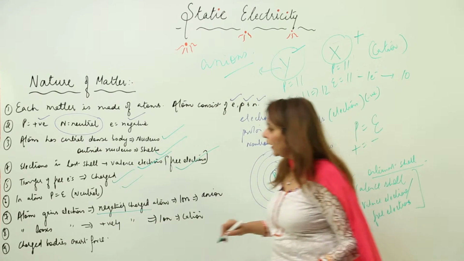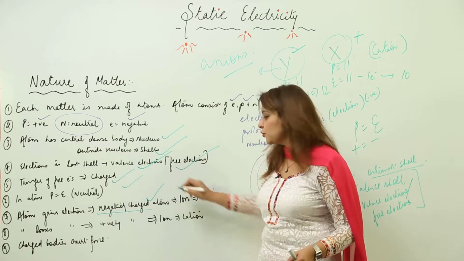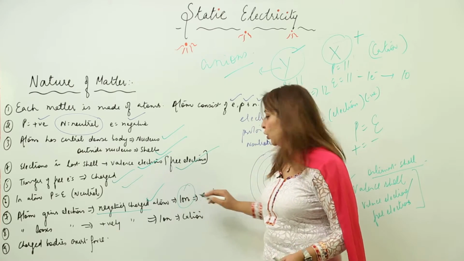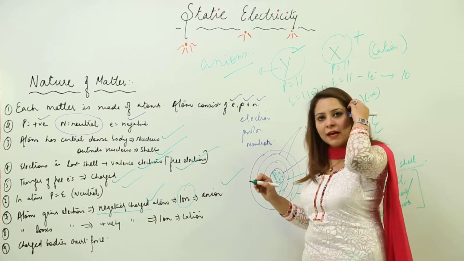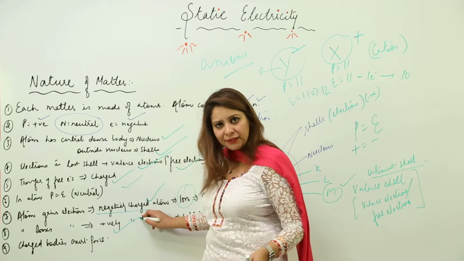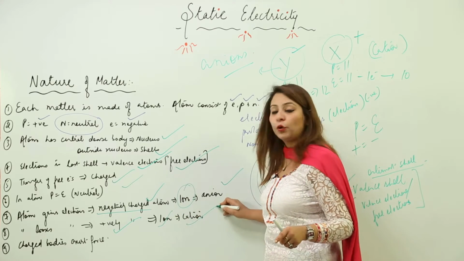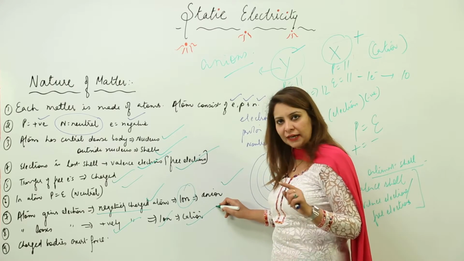So this is what I have written for you. An atom can gain electrons and become negatively charged. It becomes an ion, and the special name for it is anion. Likewise, when an atom loses electrons, positive charge exceeds, so it acquires a positive charge. Again it becomes an ion, and the special name for a positively charged ion is cation.